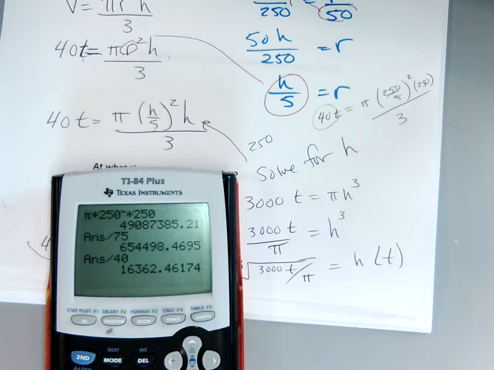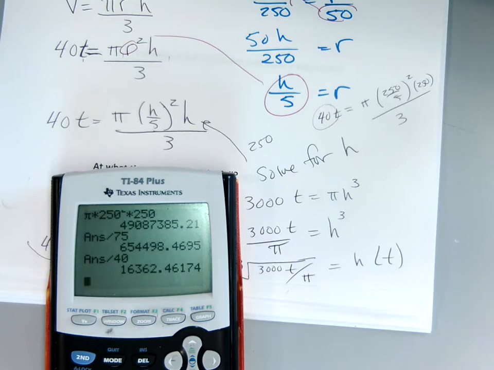Okay, multiply that by pi, right? 49 million. Okay, and then divide that by 3,000. Give me an answer. Hopefully it's that answer right there. It is. What do you know? 60,000.